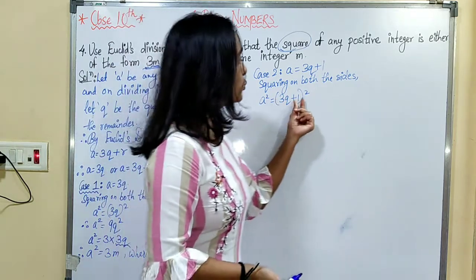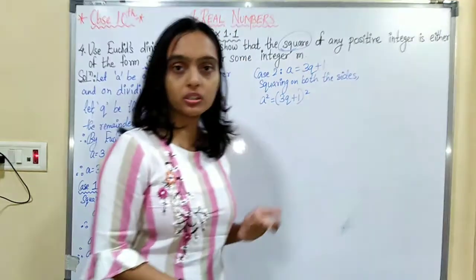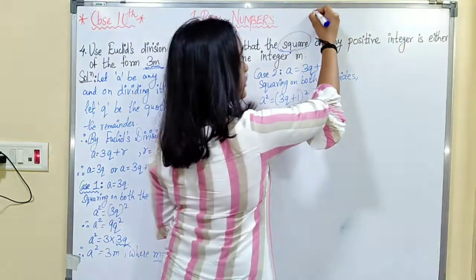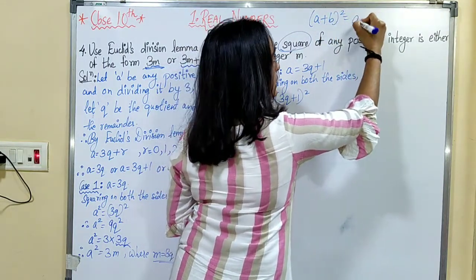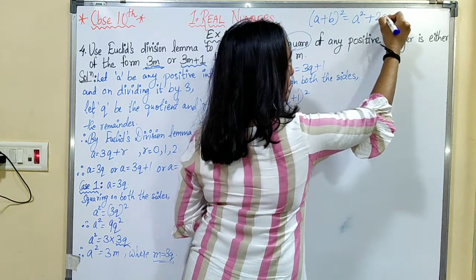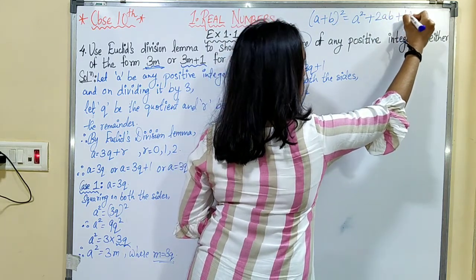Now for 3q plus 1 the whole square, we can use the expansion a plus b the whole square equals a square plus 2ab plus b square.